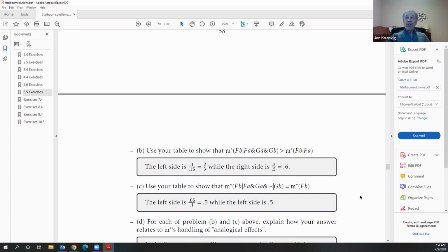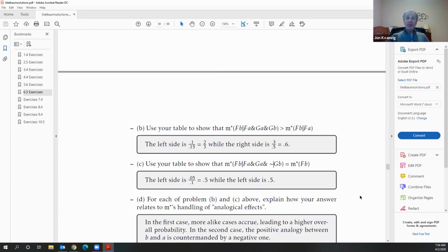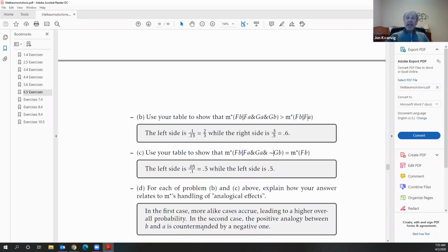The bad news is you don't get the full range of analogical reasoning that Carnap thought you were supposed to get. In any case, in the first case, more alike cases accrue, leading to a higher overall probability. In the second case, the positive analogy between A and B is countermanded by a negative one.